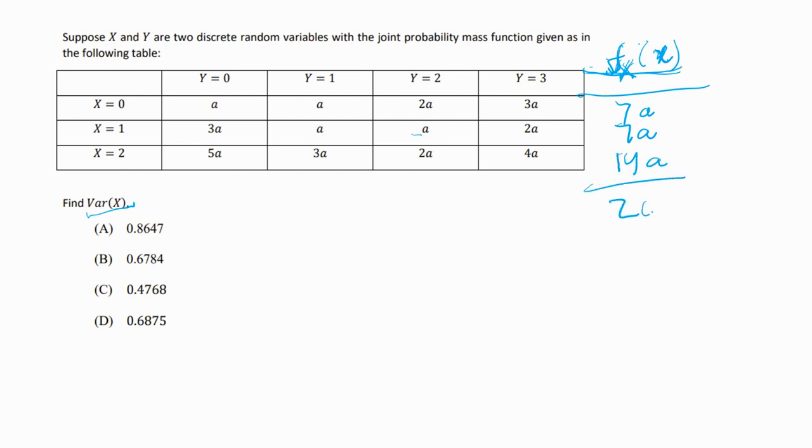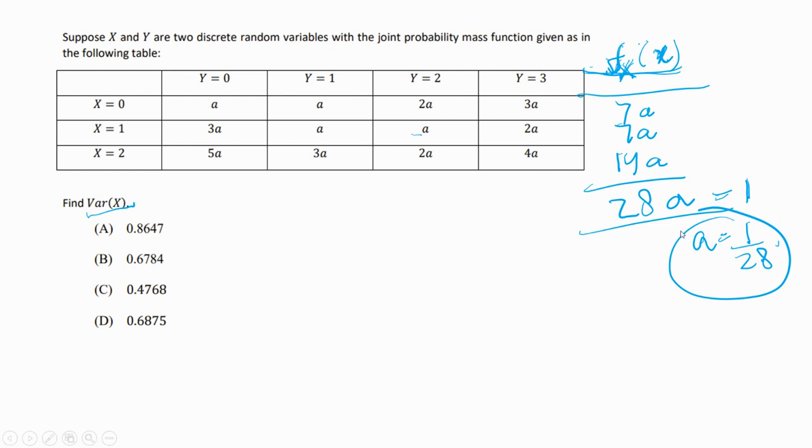So this total is 28a. The summation is equal to 1, right? So a will be 1 upon 28. Now the marginal at x is equal to 0 is 1 by 4, then 1 by 4, and this one will be, sorry, 1 by 2.